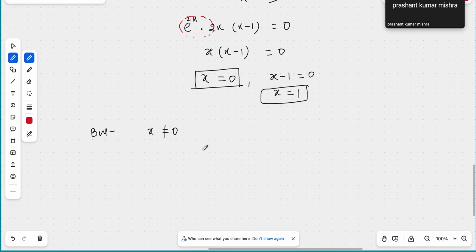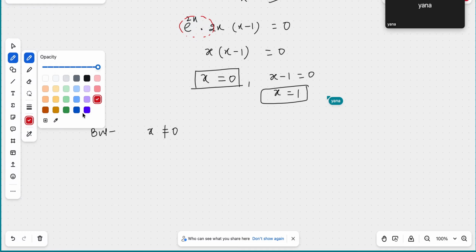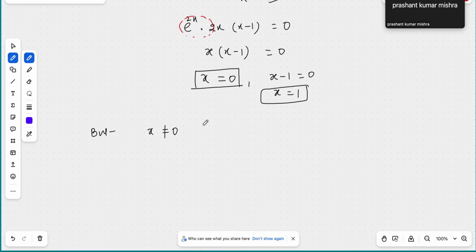We have the 2 points, sometimes we have to use it. So that's why x is not 0. We'll write it because the equation is not defined for x equals 0. Fine.